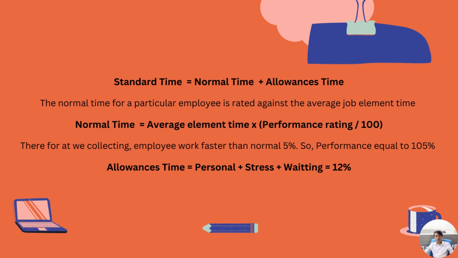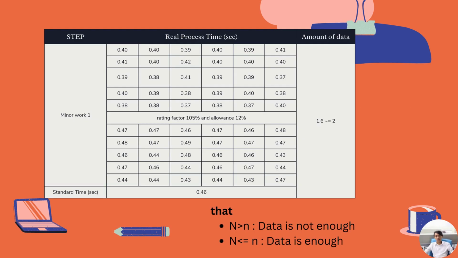All together is equal to 12%. From the formula, here is an example of station 1. By calculating the amount of collected time, we check whether it is confident enough to calculate a standard time or not.